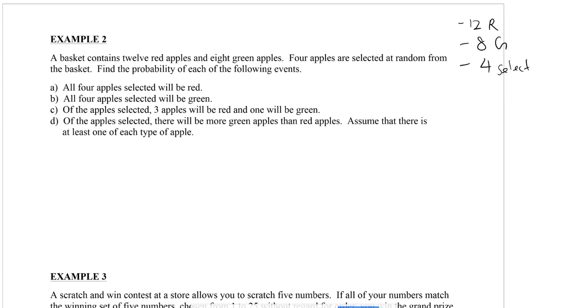Now, because the space that we have on your notes is not very big, I am going to actually identify my event up here. Okay, so let A, well, what is A? Well, you want 4 apples selected and you want them to be red. So that means let A equal to 4 red apples.